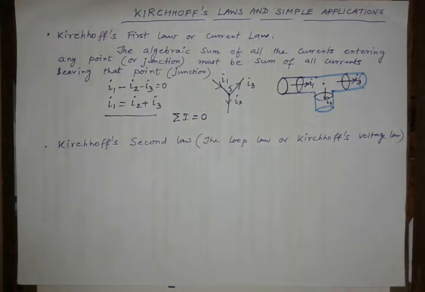Now we'll go to the second law, Kirchhoff's second law. The second law states that the algebraic sum of all the voltages, that is the potential difference across any element, and the EMF of all the sources in any closed electrical circuit is 0.